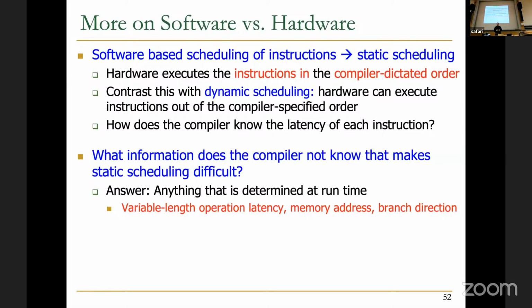And also the branch direction. The compiler can guess that a branch is going to be taken or not taken, but it cannot say with 100% correctness, and can actually be inaccurate.